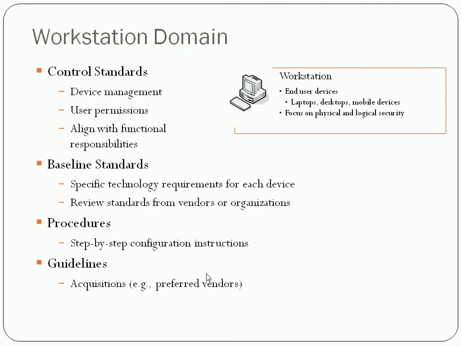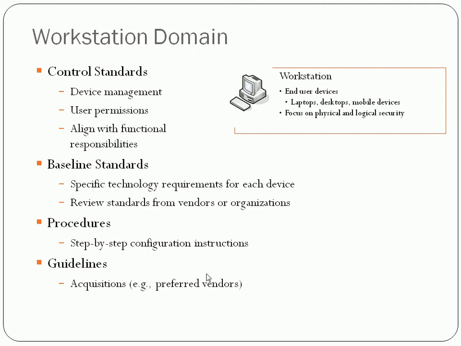So if somebody's going to order a new computer, instead of having to pore through the procedures and baseline standards and control standards, the guideline might say, hey, we've already done the work for you. Here's a workstation that you could order, or a stock number from Dell or HP, that we know meets our standards. And then folks don't have to think so hard about what to order.